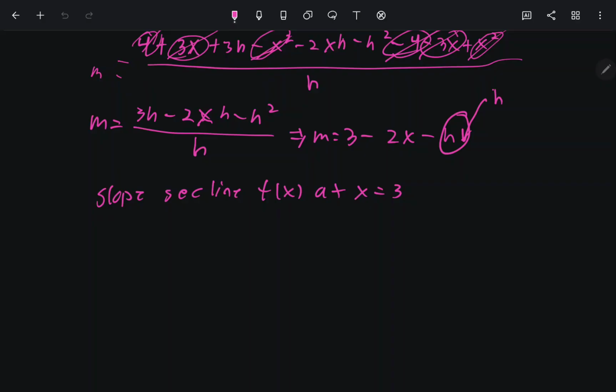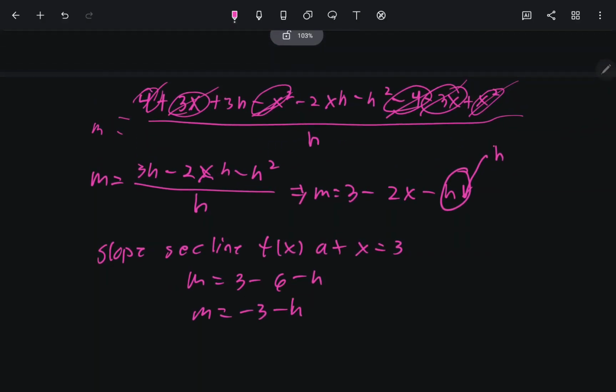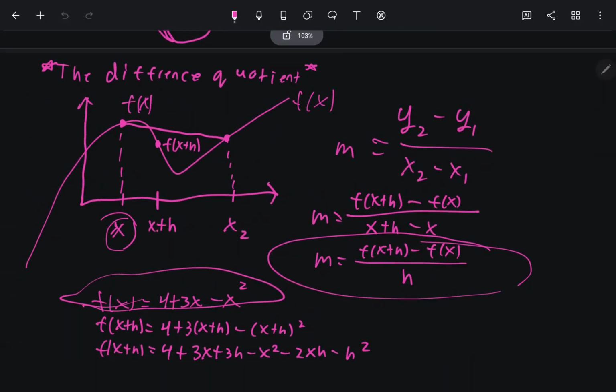And we would get that m is going to be equal to 3 minus 6 minus h. So m is just going to be negative 3 minus h. And that h can be any difference, really, from the original x.